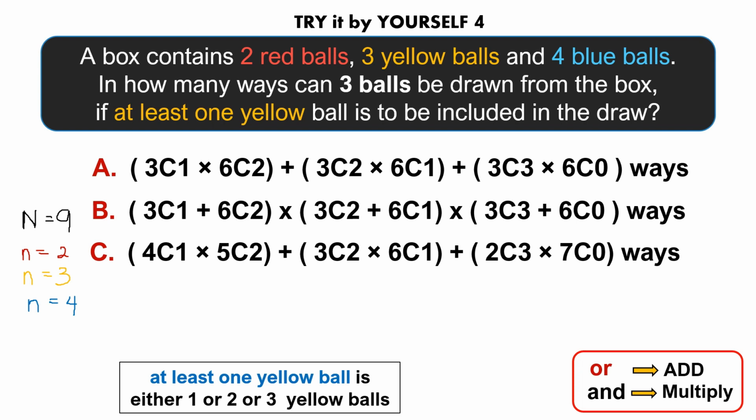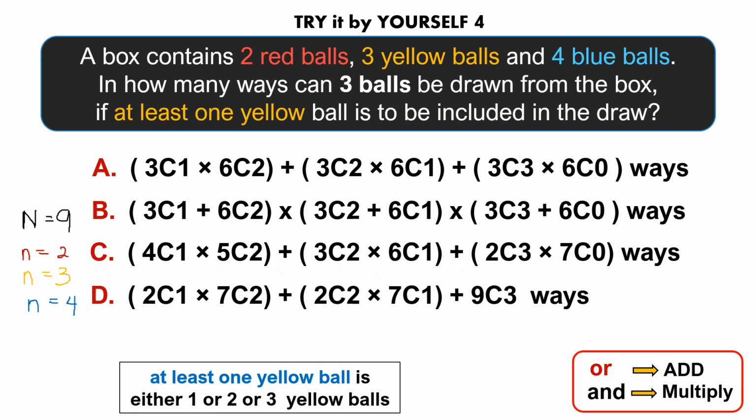And for letter D, quantity 2 choose 1 times 7 choose 2 plus quantity 2 choose 2 times 7 choose 1 plus 9 choose 3 ways. I'll give you a few seconds to solve for this problem. And the answer is letter A.